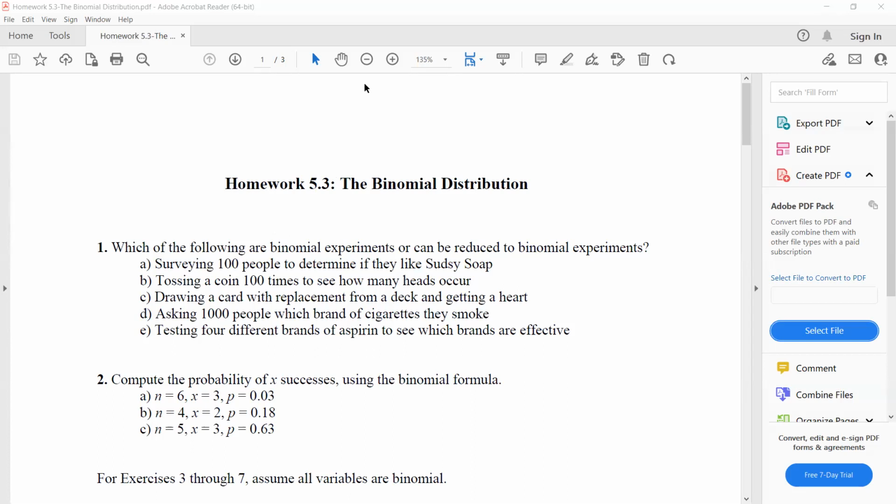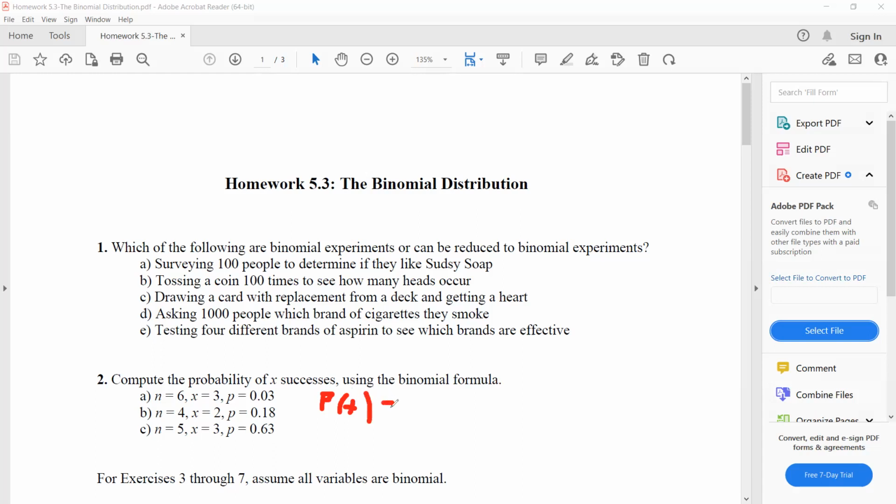So when you use the binomial formula, which we're only going to do when it's exact, the first part is, let me write it like that. P of X, and the binomial formula has a couple of different parts.